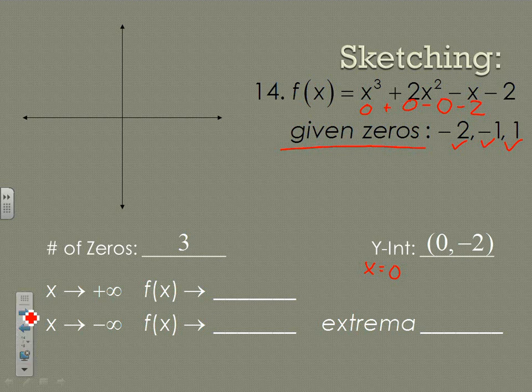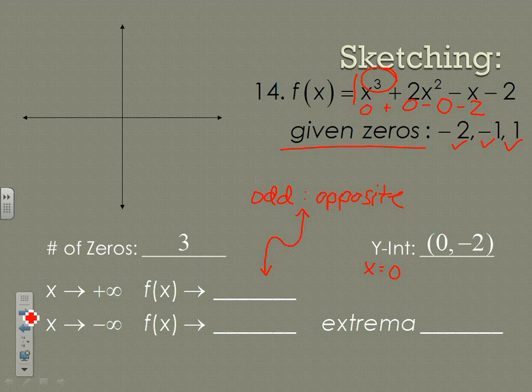Now, if I look at my degree, it's odd this time. So we know that if it's odd, then they're going to be going in opposite directions. Now which direction it's going has to do with my leading coefficient. Well, my leading coefficient is a positive 1, so I know that my graph is going to be climbing as I go from left to right.